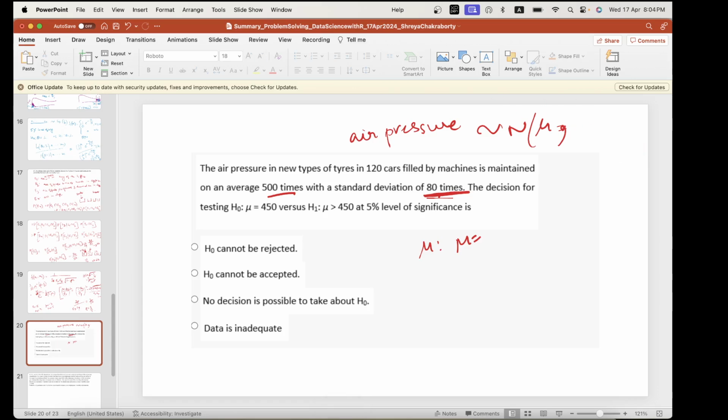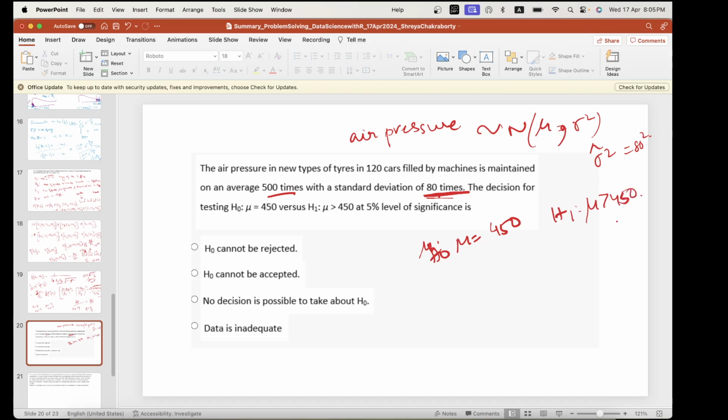Sigma square is estimated as 80 square. So H naught is mu equal to 450 and H1 is mu greater than 450.